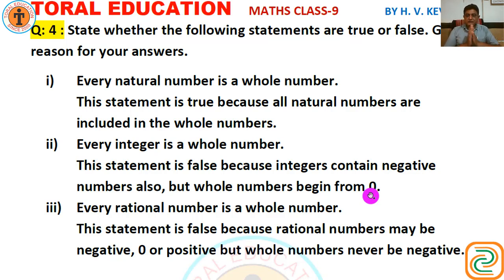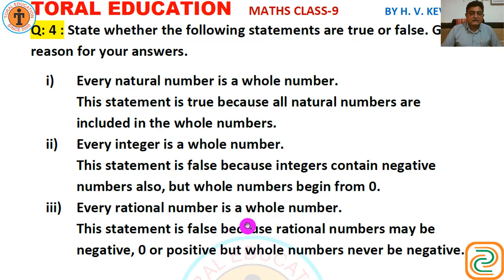So whole numbers begin from 0, 1, 2, 3, 4, 5, and integers begin from -3, -2, -1. So whole numbers are integers, but integers are not whole numbers.